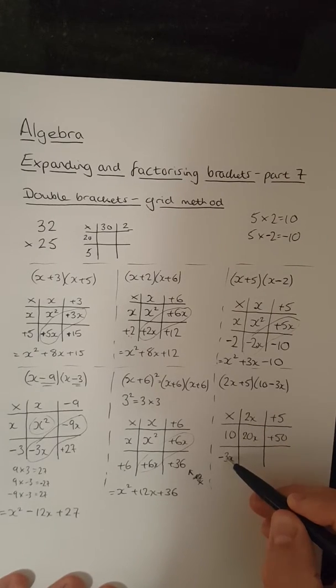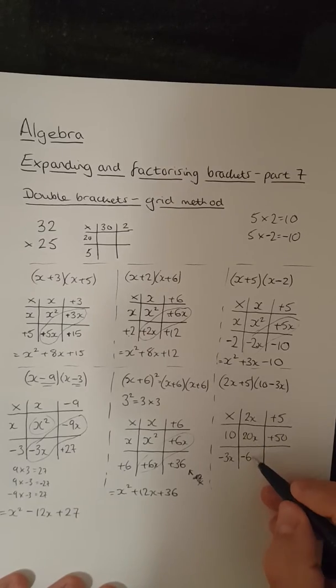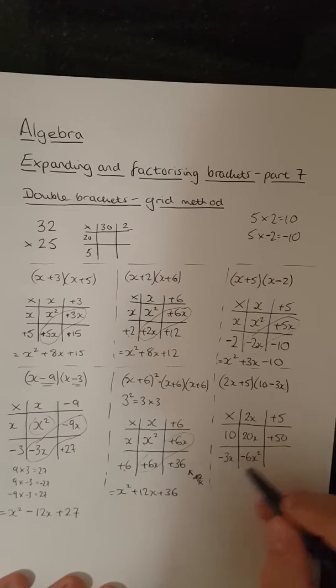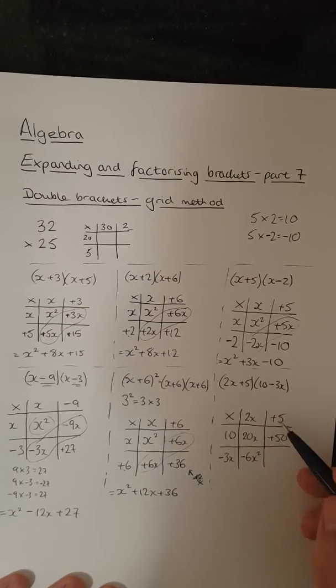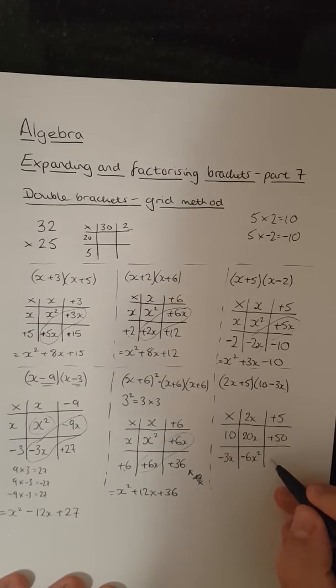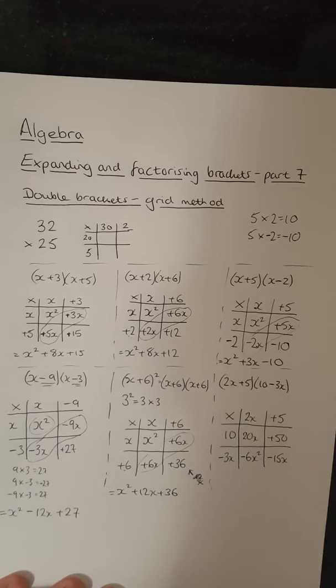2 times 3 is 6, but it's negative, so it's -6. X times x is x squared. -3 times 5. Well, 3 times 5 is 15, so -3 times 5 is -15x. And now here are the two that will combine.